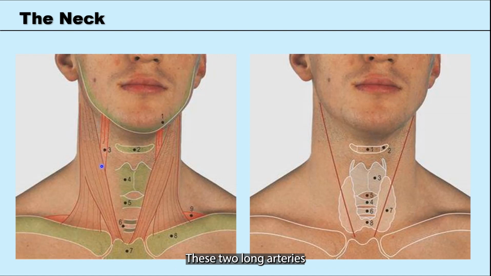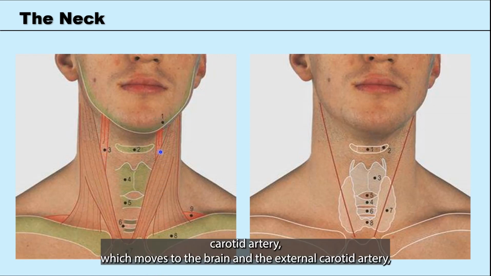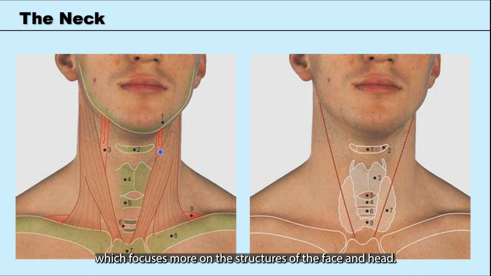These two long arteries are the common carotid arteries that bifurcate into the internal carotid artery, which moves to the brain, and the external carotid artery, which focuses more on the structures of the face and head.